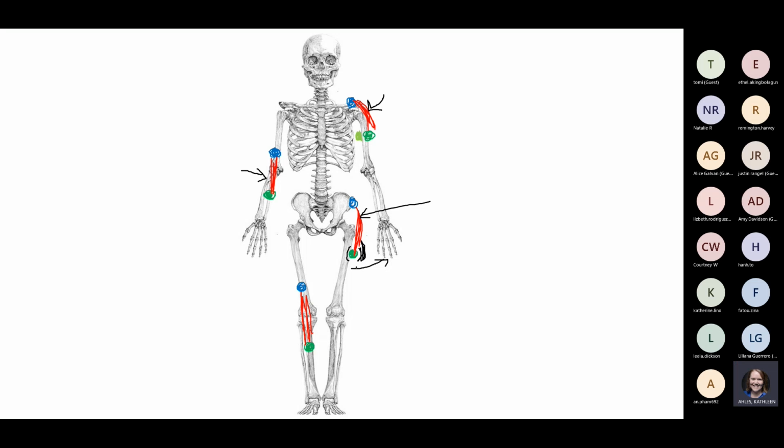What is that called when I pull the femur forward? When the femur comes forward, it gets closer to the bones of the hip. Because it's getting closer to the bones of the hip, we would call that flexion. So this muscle would abduct the femur, and it would also flex the femur.